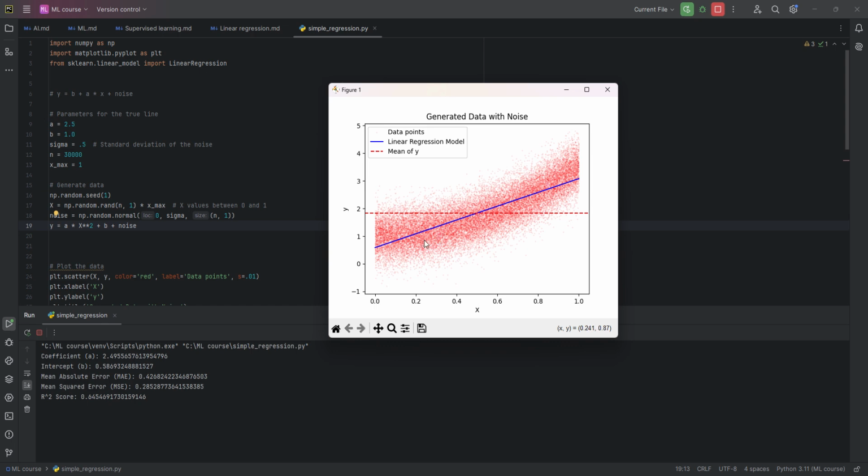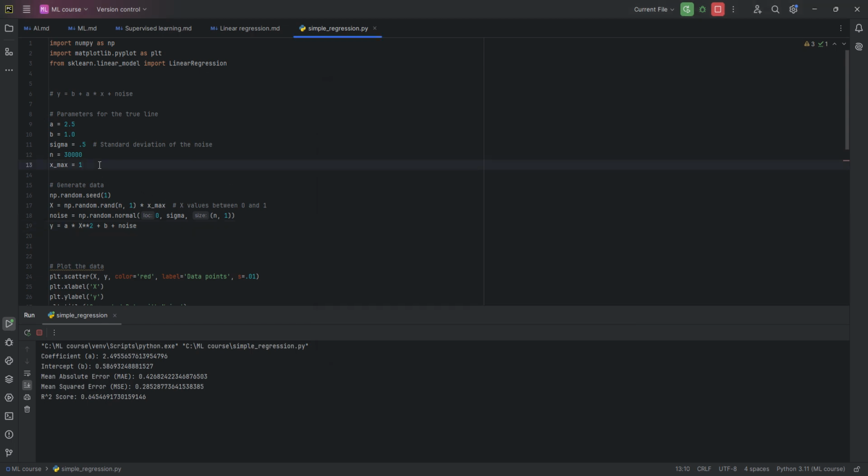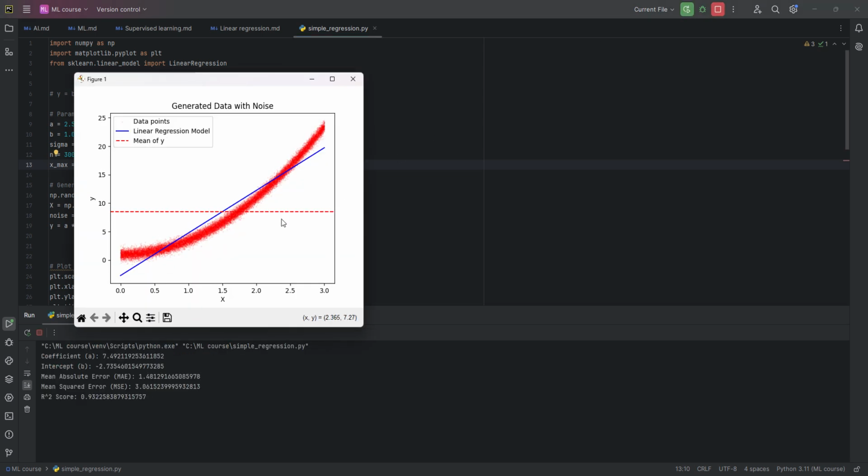To see it more clearly, I can change the scope of x. So if x is between 0 to 3, and now we plot the ground truth, which is the red points, plus the noise, and this is the new line that is fit.